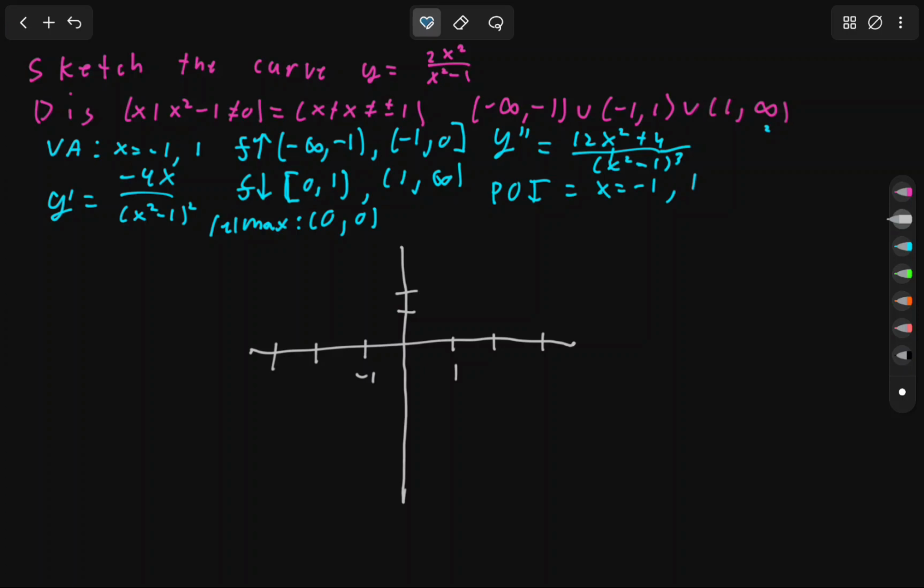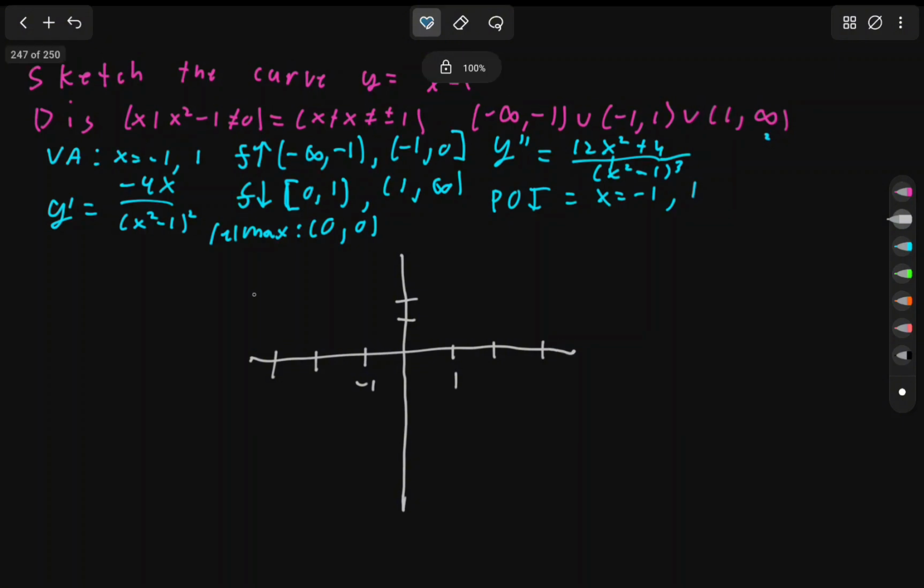There is one I forgot to mention, which was the limit as x goes out to infinity, which is going to be equal to 2. So we're going to have a horizontal asymptote at y equals 2. We're going to have vertical asymptotes as labeled at -1 and 1.